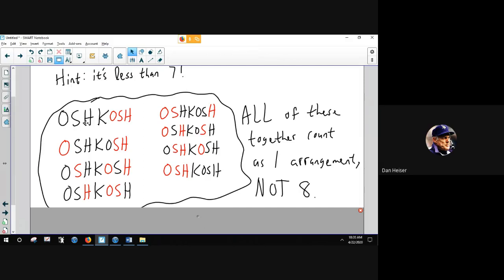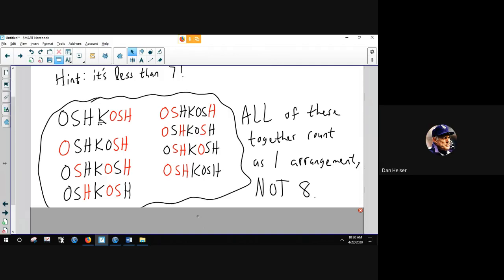So here I colored the letters that duplicate a different color, so when I switch them, you can see that I switched them. But have I made a new arrangement of letters? The answer is no. It's still the same order, all the way down the line.